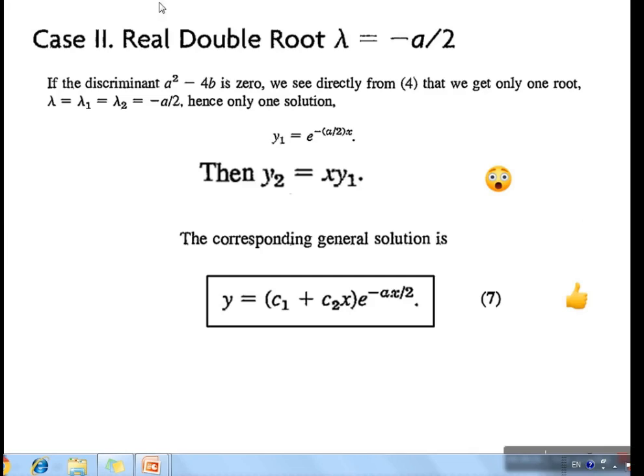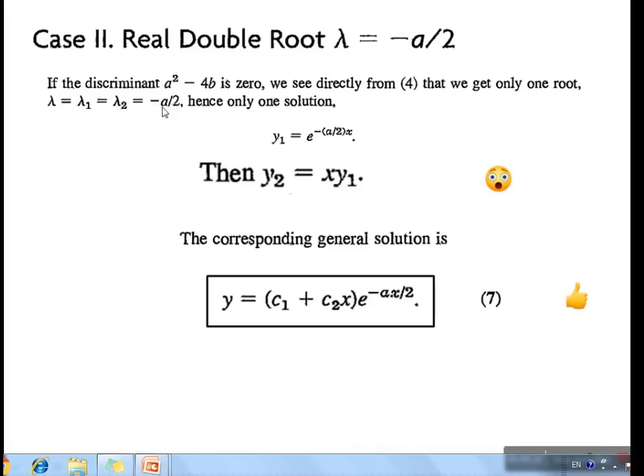Case 2. When a squared minus 4b is 0, in that case I have just one lambda. That means lambda equals lambda 1 equals lambda 2, and these are equal to minus a over 2.